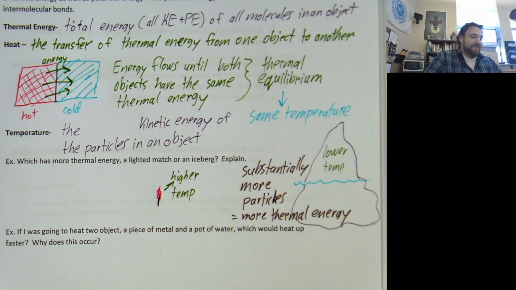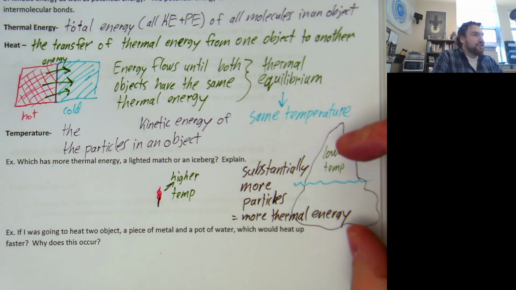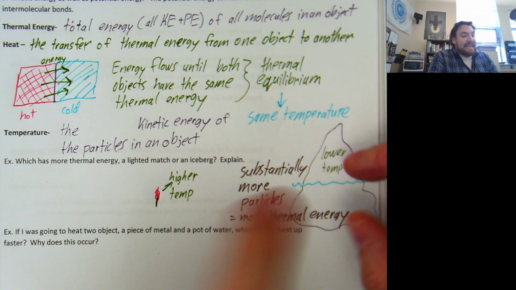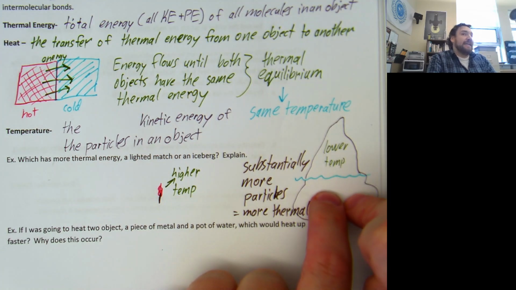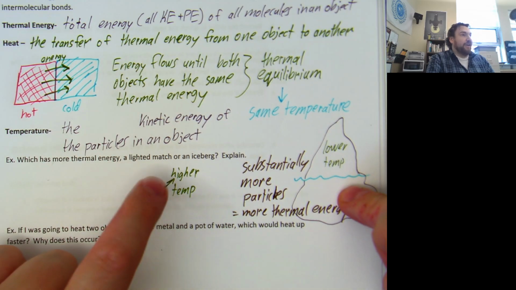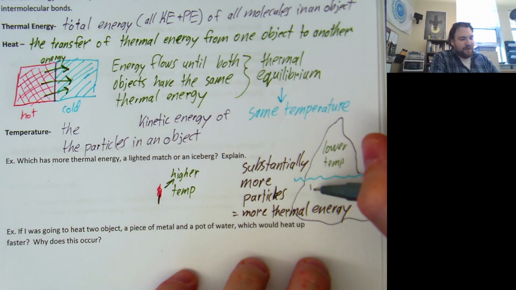Let me do an example for you. Let's say we're cool with the fact that this is colder. So any individual particle here is probably going to have less energy than any individual particle here, right? Let's say that each one of these particles has an energy value. I'll make it easy for myself.